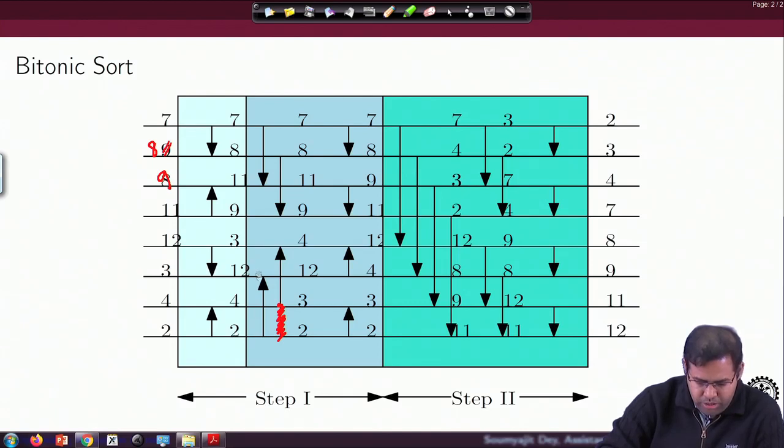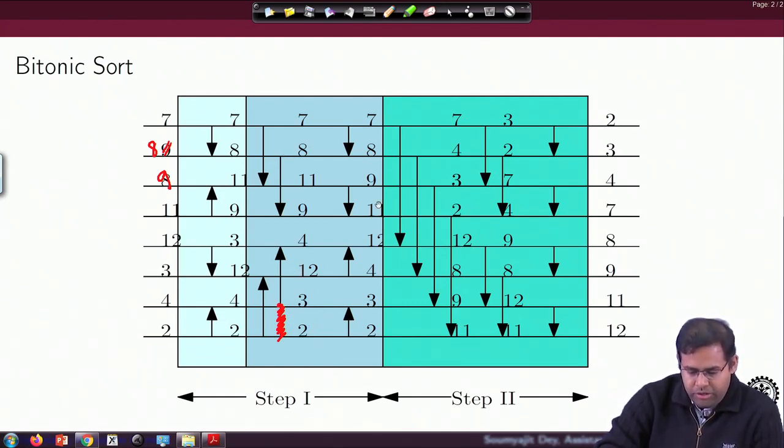So I am comparing 2 and 12, nothing changes here, and now it's fine. So I am going to compare between 4 and 3. The 4 is the max, it should go up following this. So 4 comes up and 3 goes down, right? Pardon the corrections I have to do, extremely sorry for that.